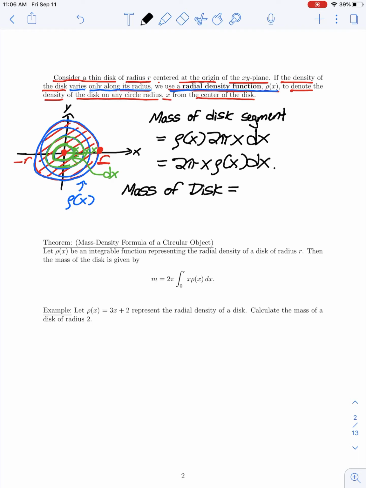So we would be integrating from 0 to r this expression, 2 pi x times rho of x dx. Or if we pull the factor of 2 pi out in front of the integral, 2 pi times the integral from 0 to r of x rho of x dx.